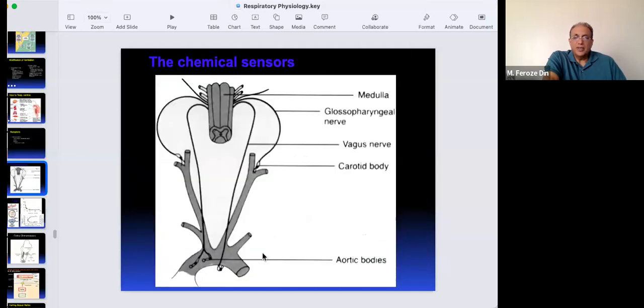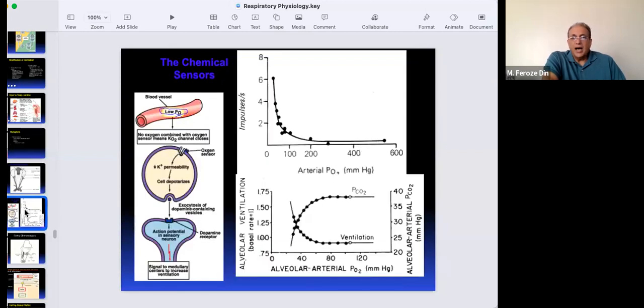And these nerves, as you can see, from the aorta, it is the vagus nerve, and from the carotid, it is the glossopharyngeal nerve. This primarily detect oxygen, but not exclusively.